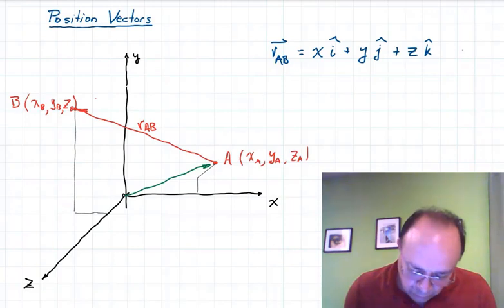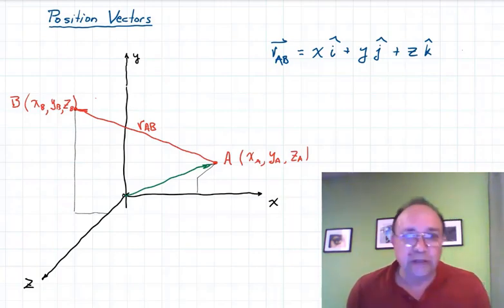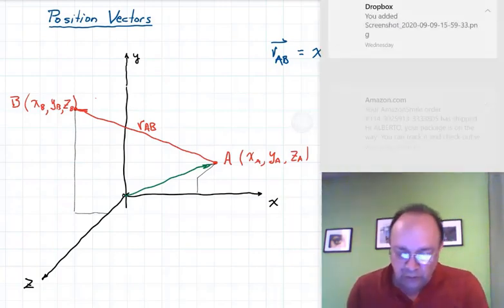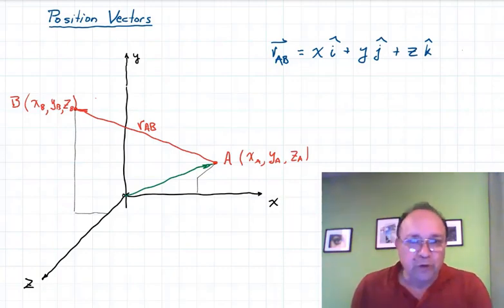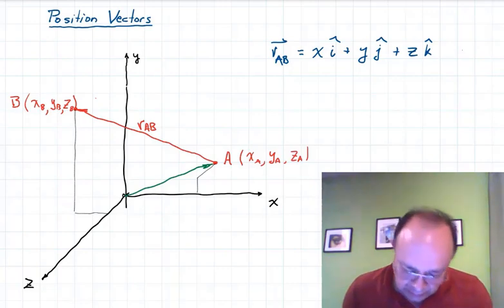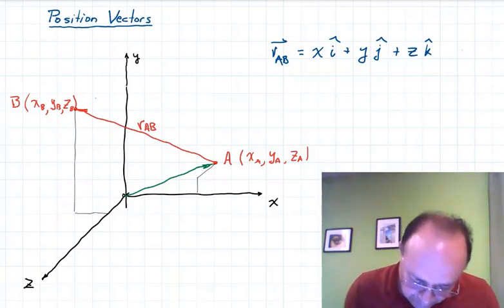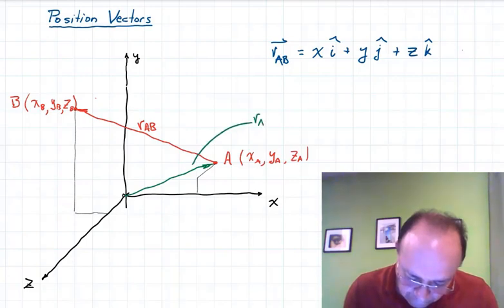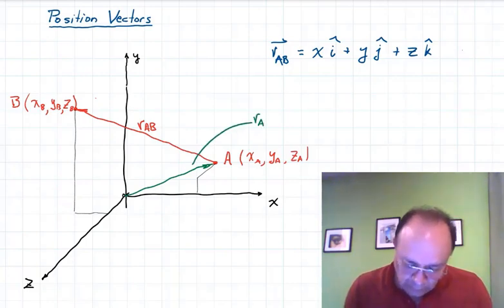When we do a position vector of a point with respect to the origin, we only give one subindex. In this case it will be RA, and it will be the vector that takes us from the origin to the point A.